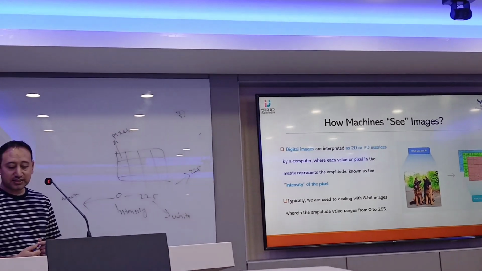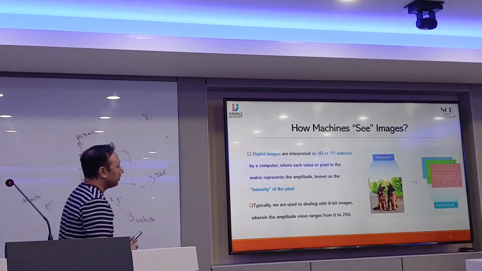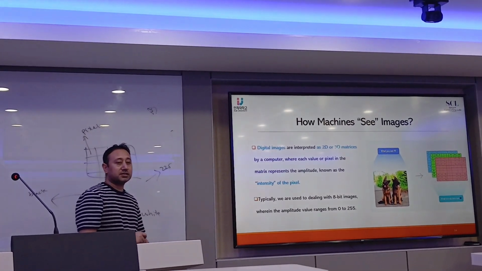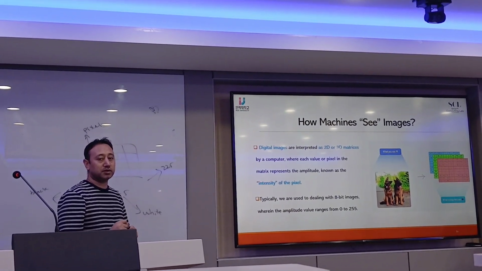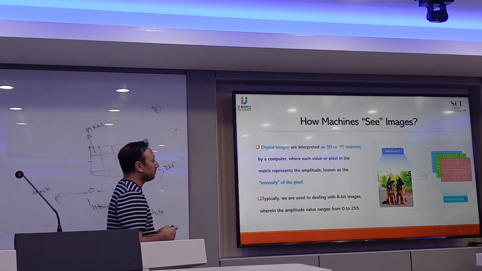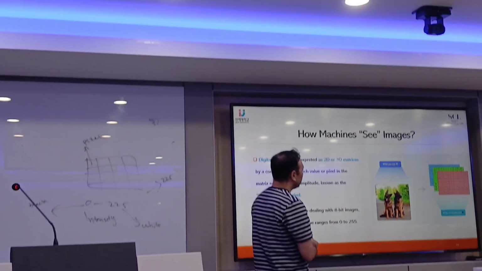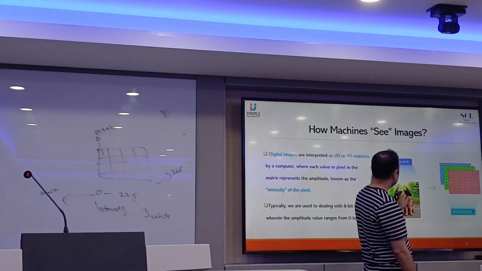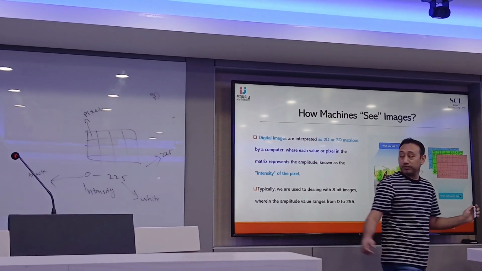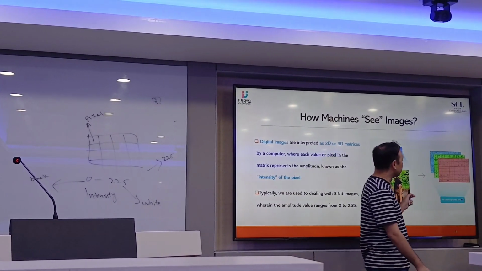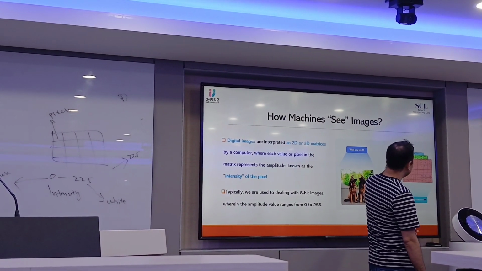So how does a machine see images? As I told you, machines work on digits, zeros and ones. This is the basic concept of computers. So machines interpret the image. For example, here is an image, and this is converted into digits from 0 to 255 maybe, and depending upon the intensity, the values are changed.